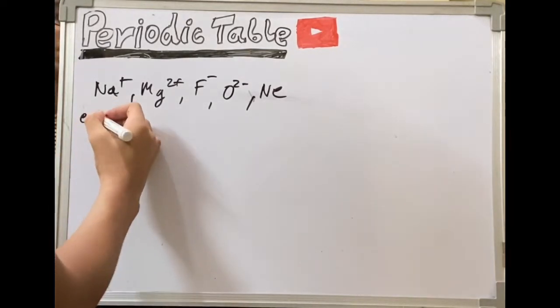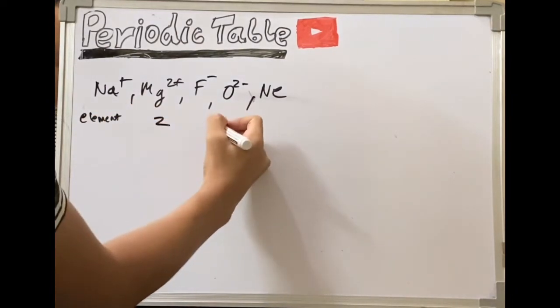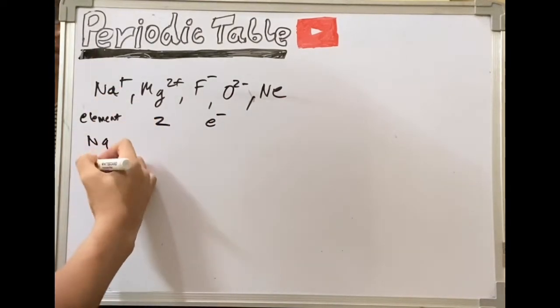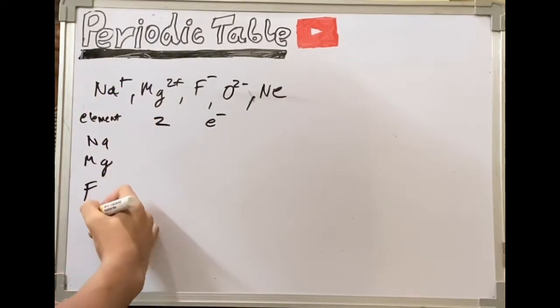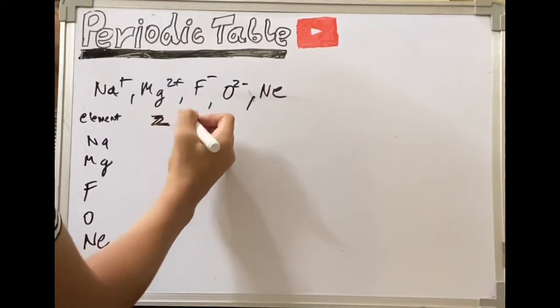So element, Z, and electrons present. Elements Na, Mg, F, O, neon. This is Z, the atomic number.